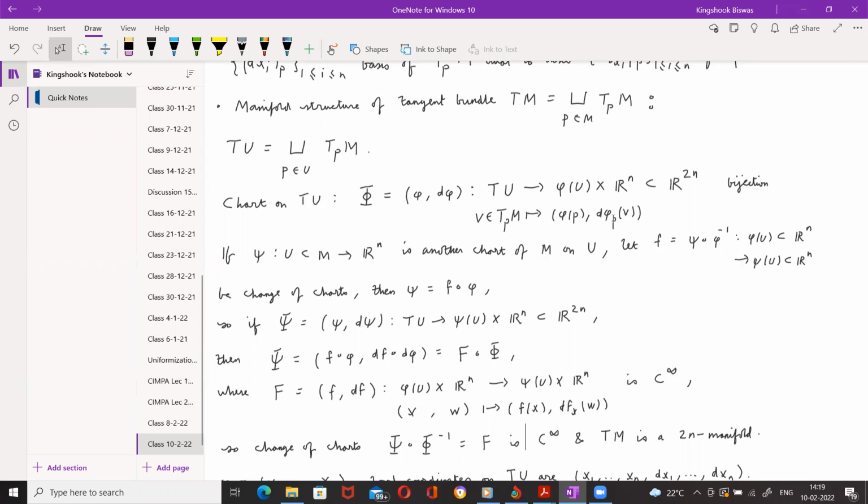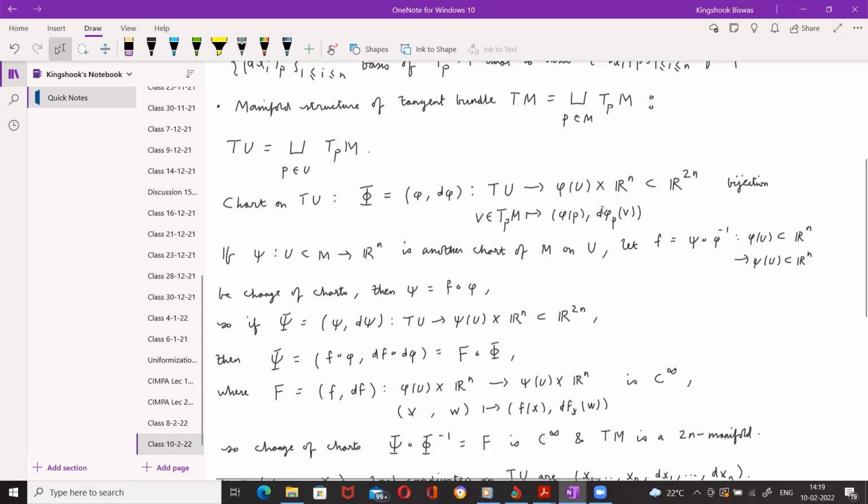So actually, here TU is a disjoint union of tangent spaces. Each tangent space maps, in fact, linearly to a point cross Rn on the right hand side, right? TPM maps to the singleton phi P cross Rn. Is that clear, bijectively?